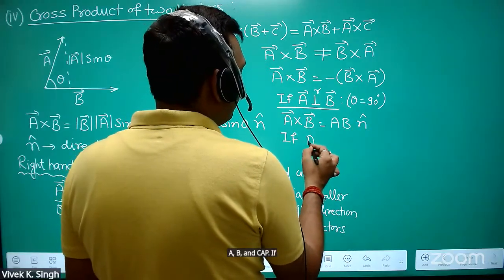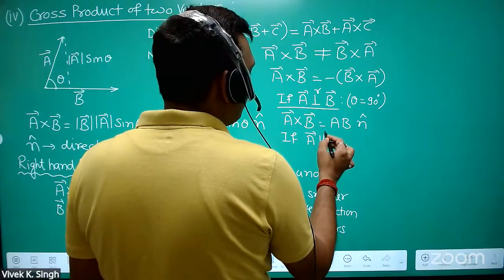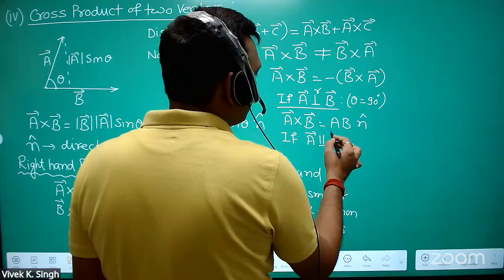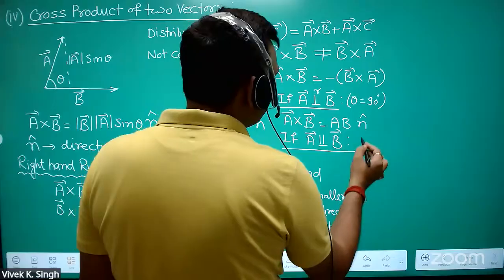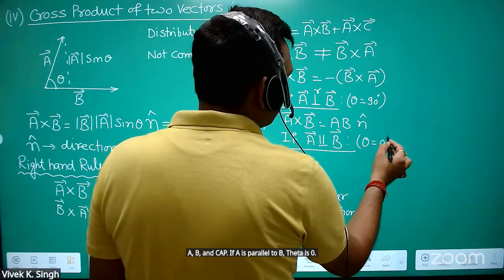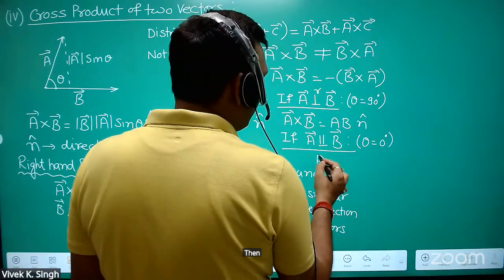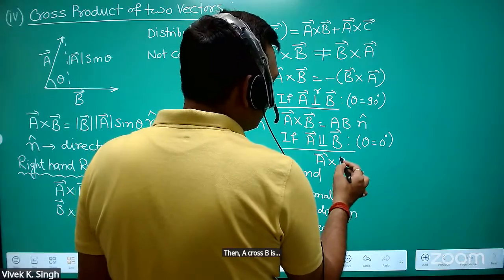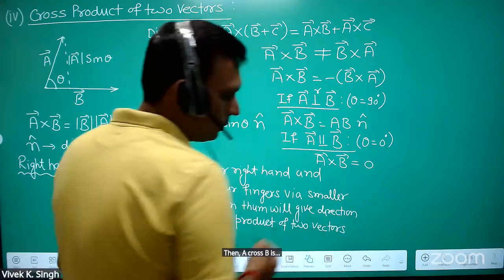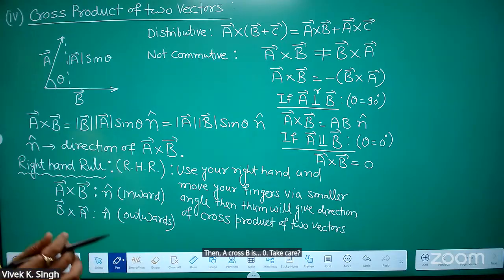If A is parallel to B, theta is 0, then A cross B is 0. Okay? Is it clear? Yes, sir.